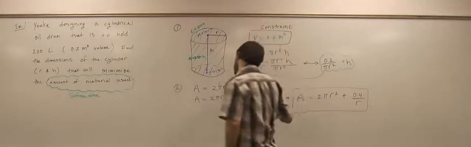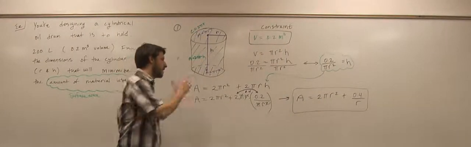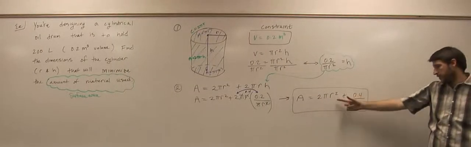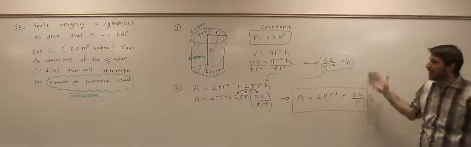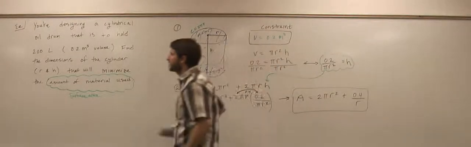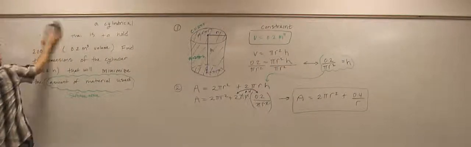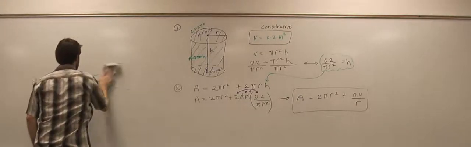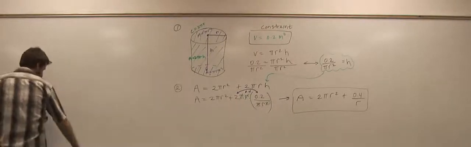So this is the pre-calculus part. Right, this is getting a function of surface area in terms of r. Now I need to actually minimize this function. So to minimize, you take the derivative and set it equal to 0, or undefined, right?